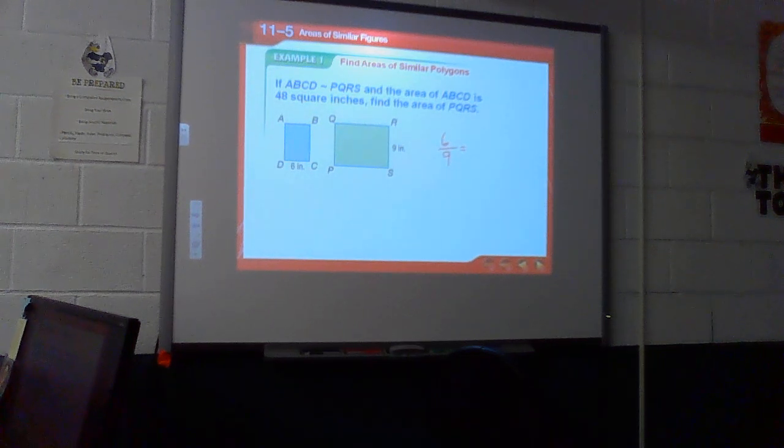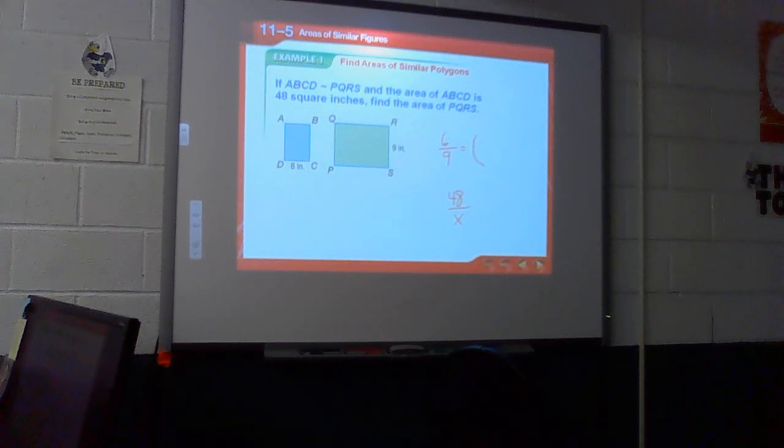Okay, so here's the problem. When we do this, all right, we're going to have 48. And is 48 the big one or the small one? It's the small one, so should it be on the top or the bottom compared to our ratio? It should be on the top, right? So basically, we have this right here.